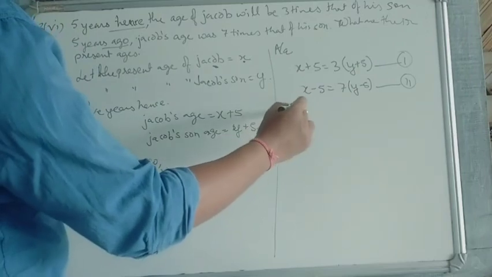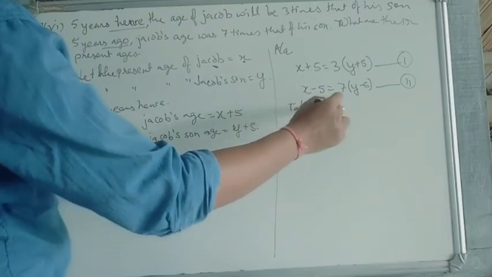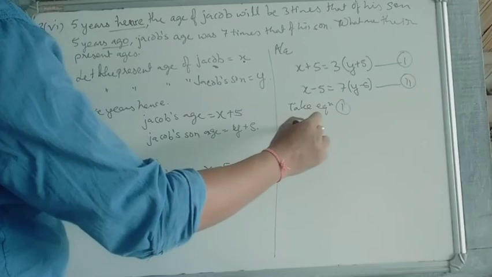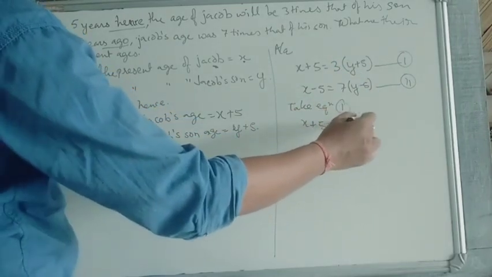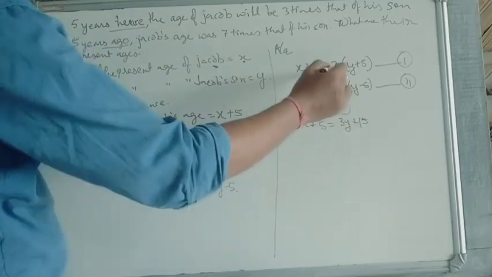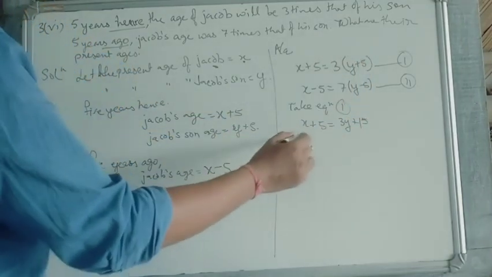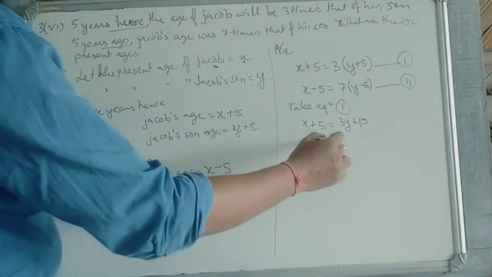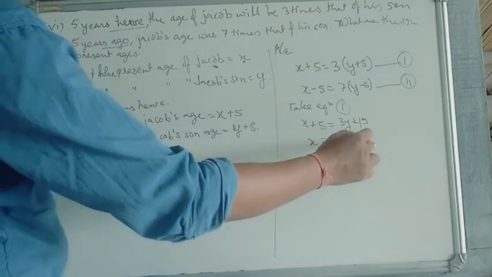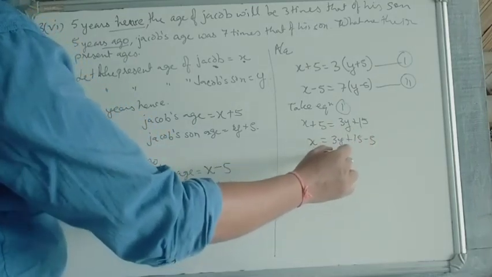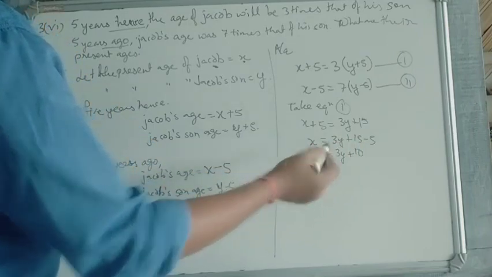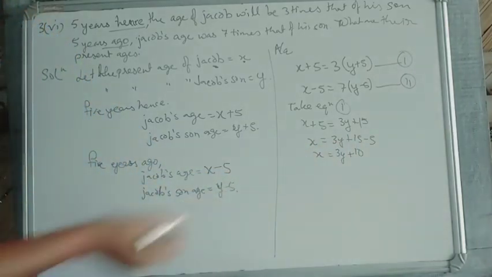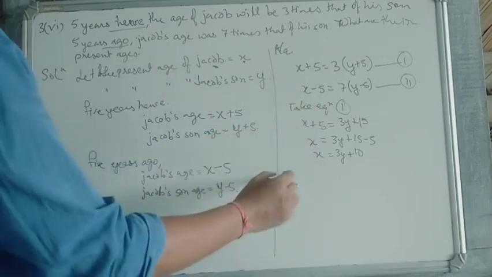So we'll take equation 1, x plus 5 equal to 3y plus 15. Okay, 3 into y, 3 into 5, 15. Then x will be equal to 3y plus 15 minus 5. That will give me 3y plus 10. That is your x value. Then you will put this x value in equation number 2.